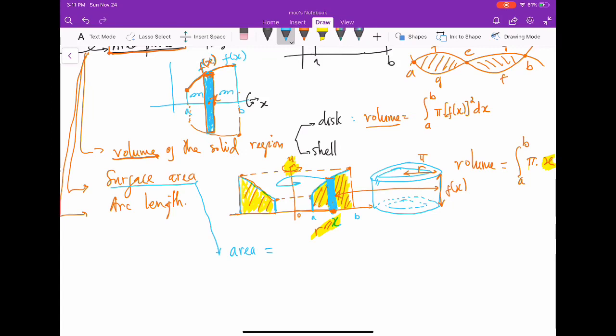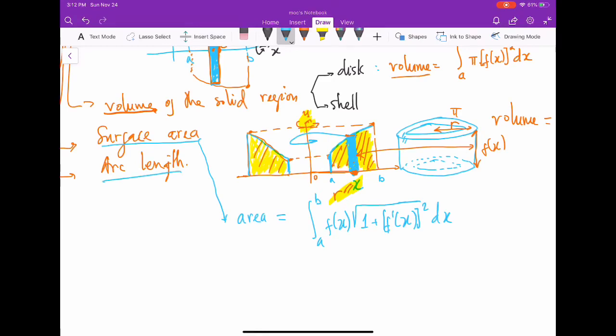So for the surface area, I think I will have the integral from a to b first, and then I will have the length, that is the square root of 1 plus f derivative of x squared dx, and then I need to multiply with the f of x in here, okay?